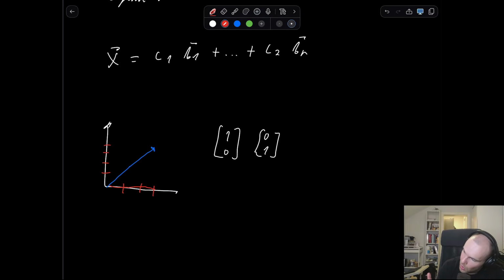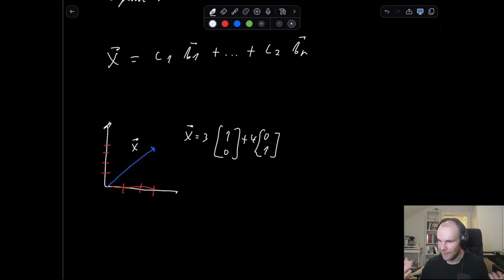There's no other way than 3, 4, right? I need C1 to be 3, and I need C2 to be 4 in order to represent x here, if this guy is x, right? There's only one single way. And that is also true if you have other types of bases, right? Because they are linearly independent. That's the whole thing. Okay.